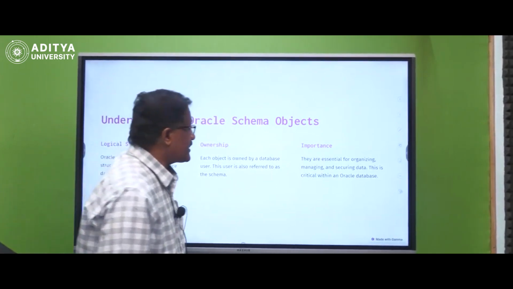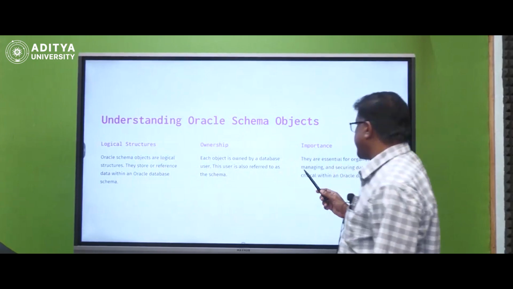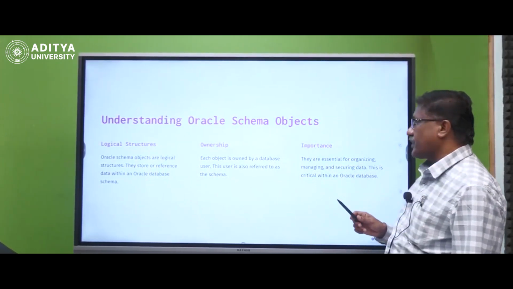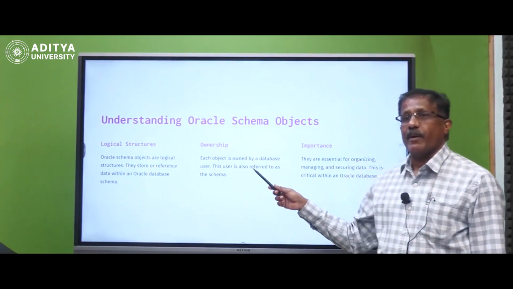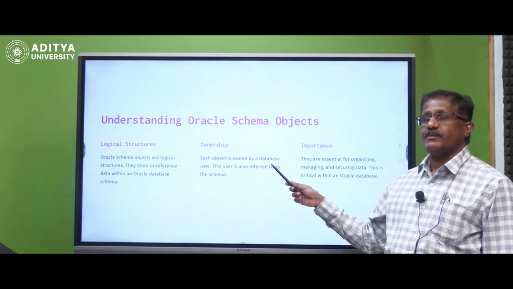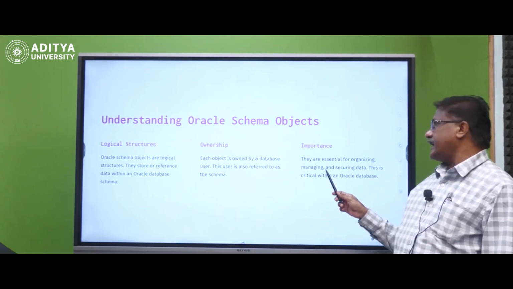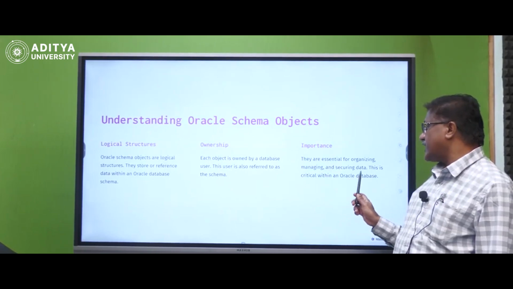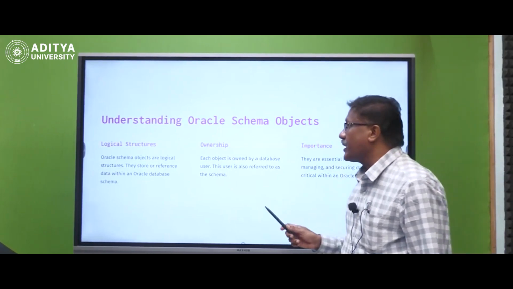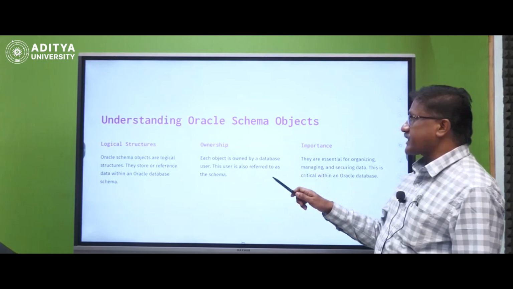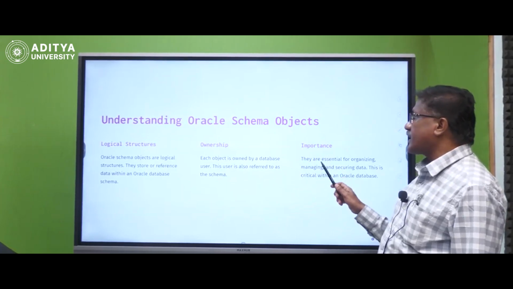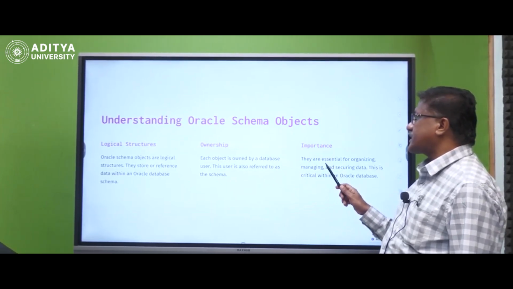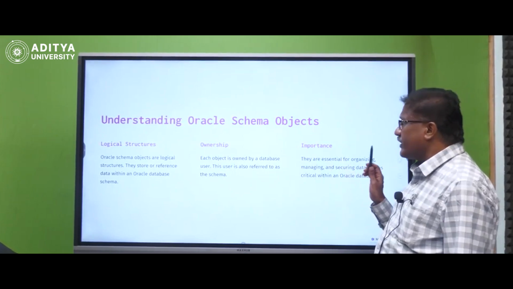What is the importance of this? Schemas are essential for organizing, managing, and securing the data. That means a schema is nothing but organizing, managing, and securing the data. This is critical within the Oracle database, very, very important. Without the logical structure, the Oracle database schema objects must be very clear.